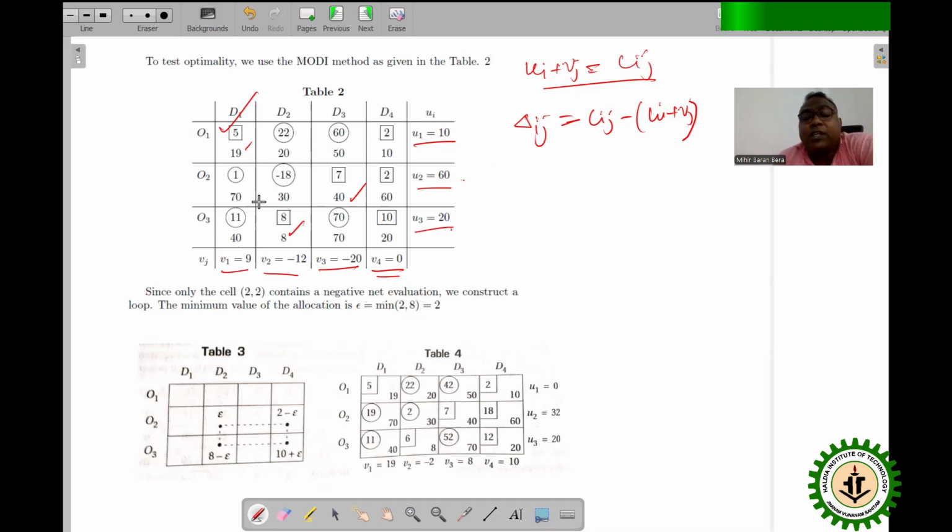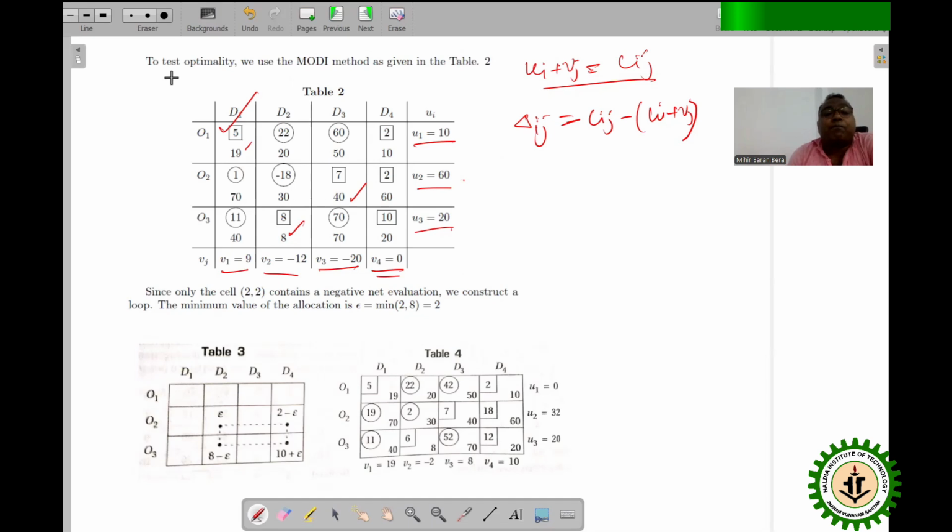We do not calculate the cell evaluation for the allocated cells, because if you calculate it, you will see that it will be 0. No question about that.